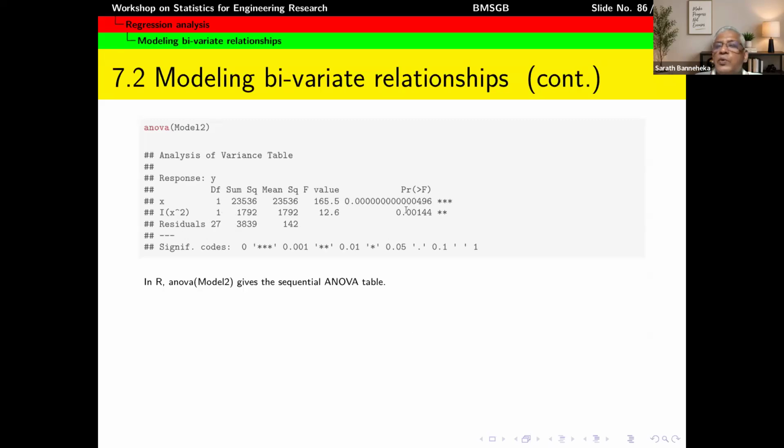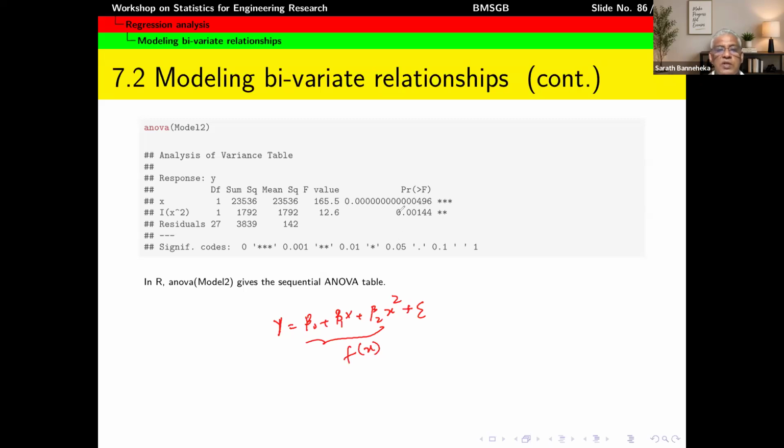Model 2, again, now it is testing the first F test. Let me write down something here. This is testing H naught. The model that we considered is y is equal to beta naught plus beta 1 x plus beta 2 x square, plus an error. This is your f(x) part.